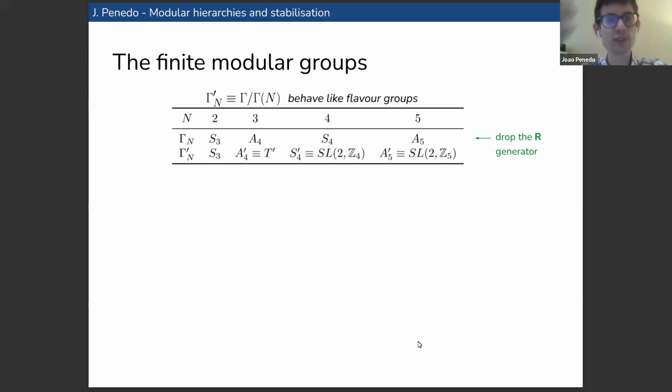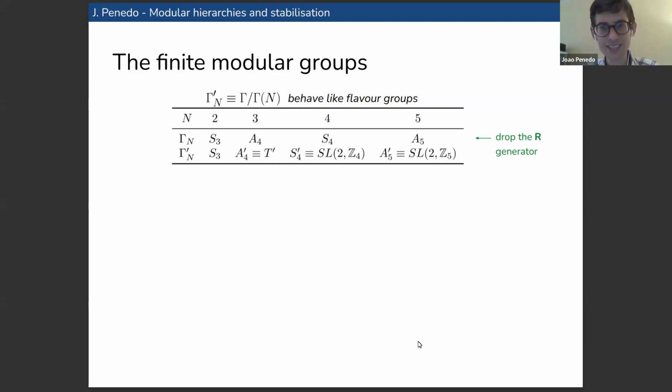Basically, the finite modular groups are S3, A4, S4, A5, and their double covers, let's say. So you end up working in something very similar to what was known with the traditional modular symmetries, but with some extra twist of predictivity due to holomorphicity, which I'll get to in a minute.